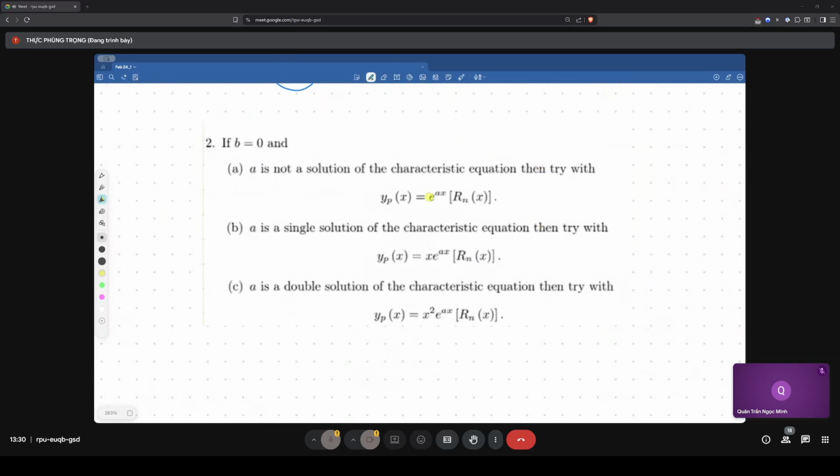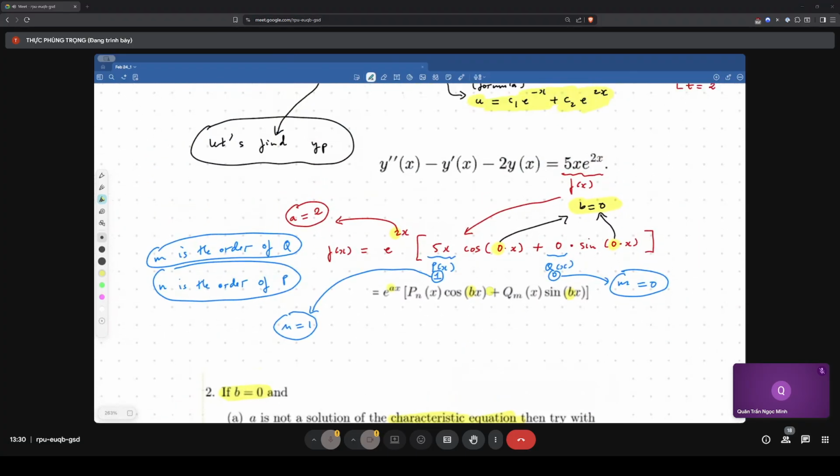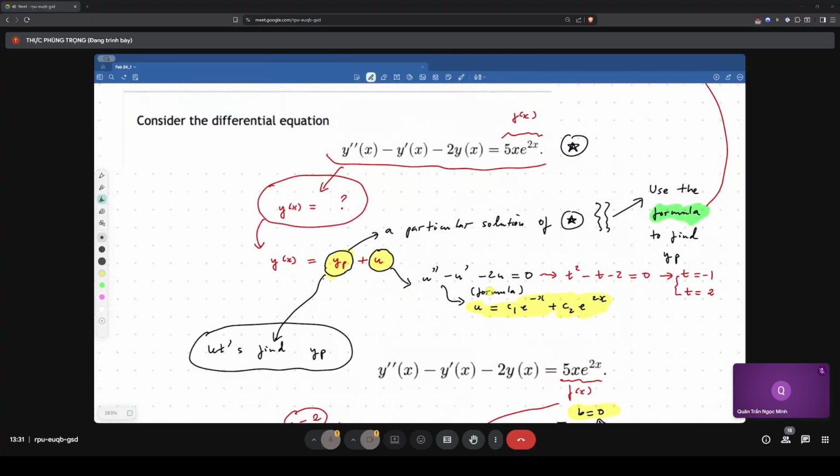So we look at the situation. In this situation, you have three smaller situations. When you look at this, you see we need to look at the characteristic equation. In any situation, we need to look at the characteristic equation. Because of that, let me write the characteristic equation.